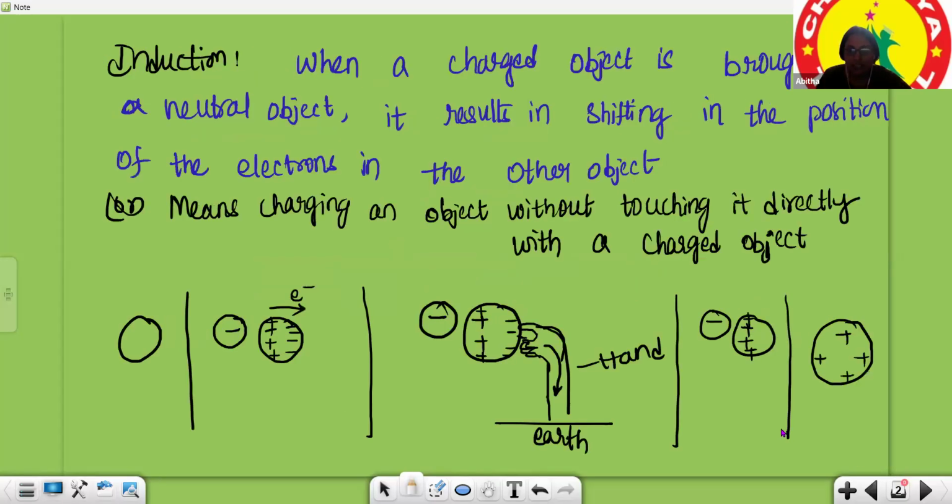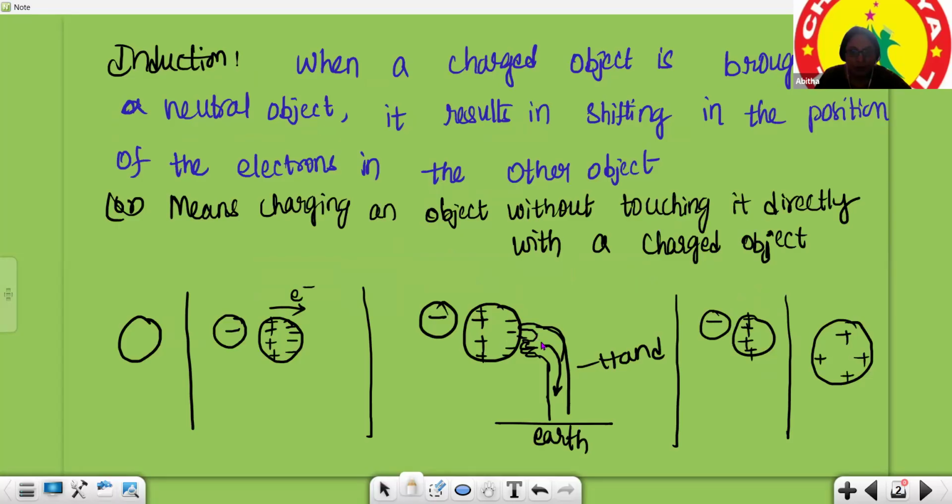In induction, you are making an object charged without touching it. How do you do that? You take a charged object near the other object so that the charges in it get separated.